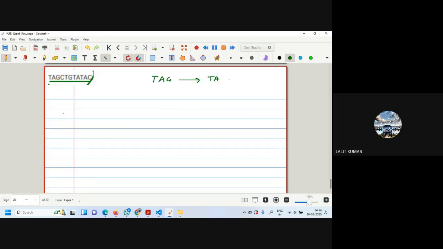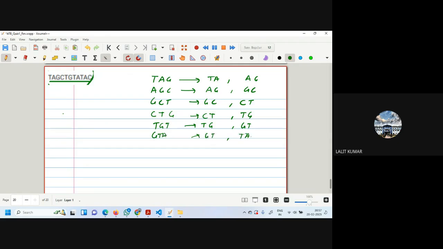It will give TA, AG, AGC, AG, GC, GCT, GC, CT, CTG, CT, TG, TGT, TG, GT, GTA, GT, and TA, TAT, TA, ATA, AT, and TAC. So this will be TAAC.